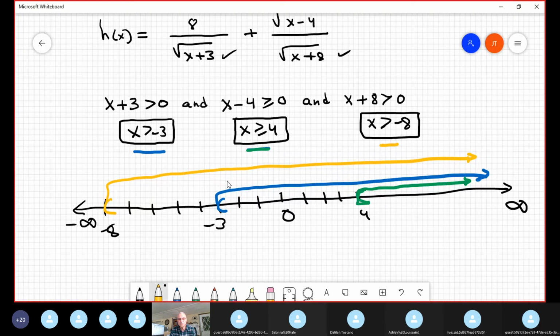Okay, now what is the intersection? What do you think about the intersection? Let me use another color. Remember, I need to connect now the yellow interval, the blue interval, and the green interval using and, which is an intersection. An intersection is the common part, the part of the interval in which you have common elements, overlap, share this interval. What do you think about this? Is it the yellow, the blue, the green, or in between blue and green, or in between yellow and green?